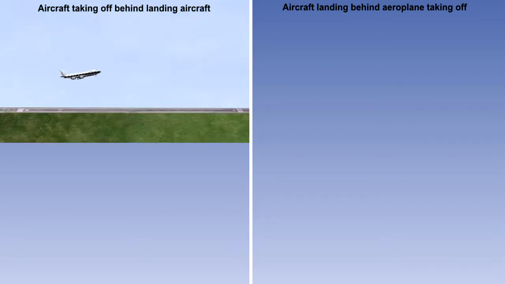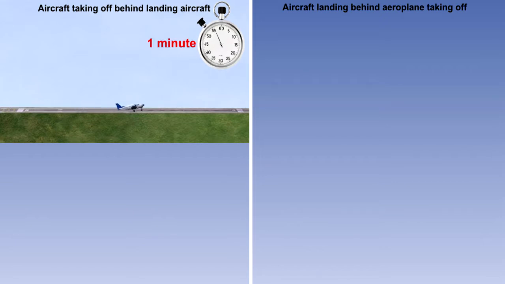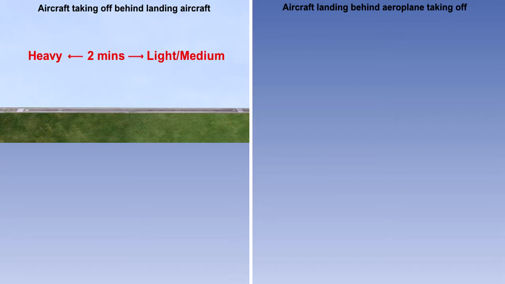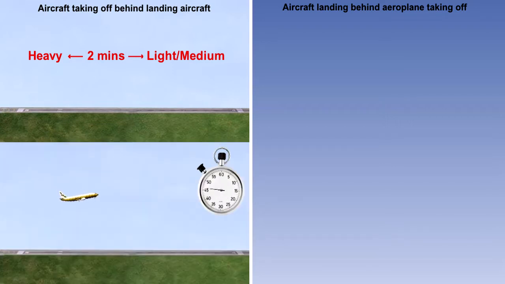For aircraft taking off behind landing aircraft using displaced thresholds, there is a 2-minute minimum separation. This separation applies to a light or medium aircraft taking off after a heavy aircraft has landed, and between a light aircraft taking off after a medium aircraft has landed.